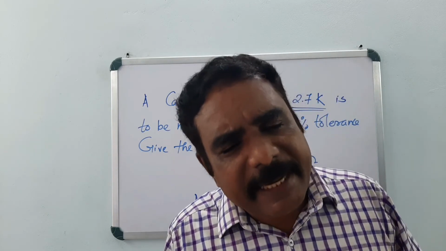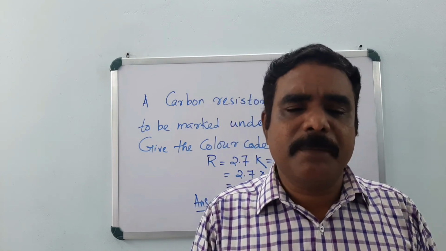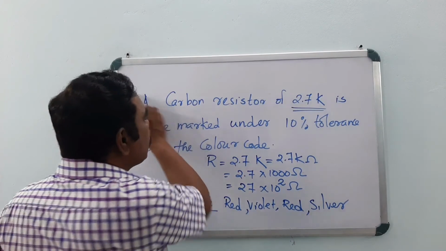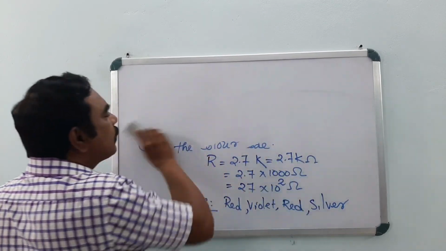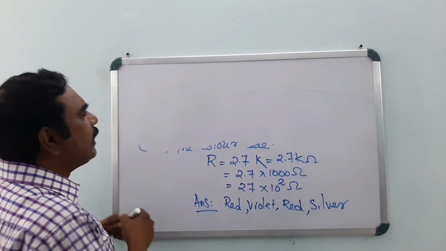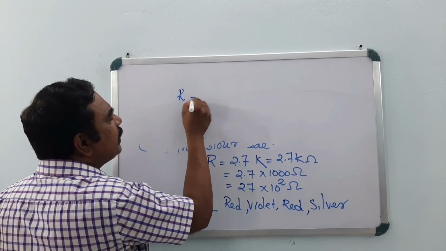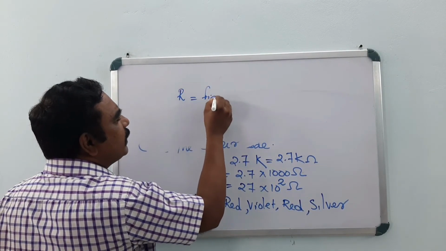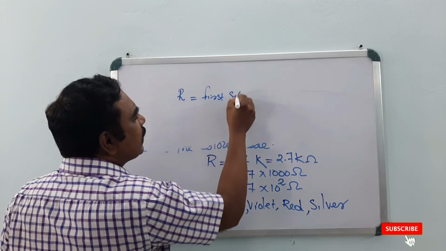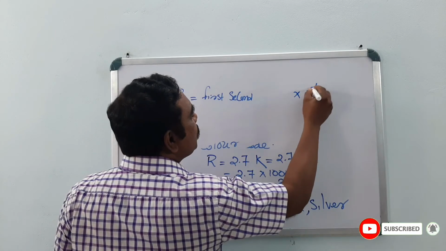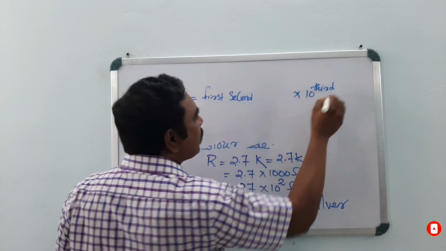The values are again same, but calculating the resistance in case of 4 colored rings, we have done it in this manner. First color digit, second color digit, and multiplied with 10 raised to third color digit.